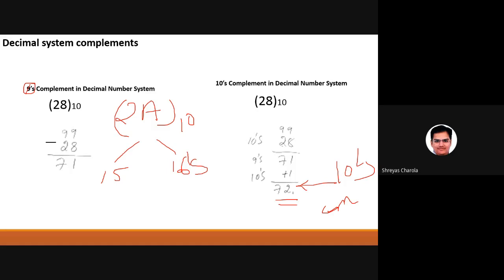That is my question. What should be the answer in the 15th and 16th complement?